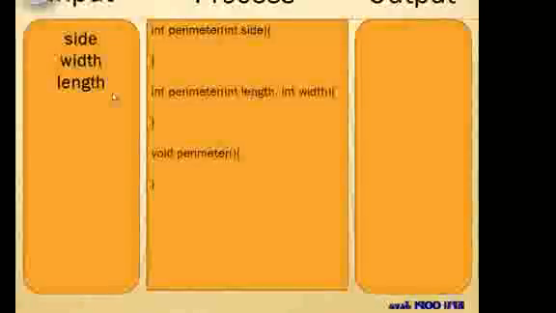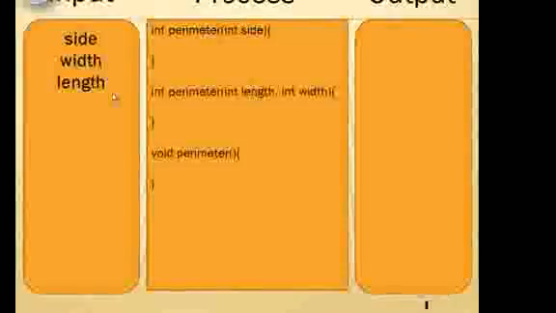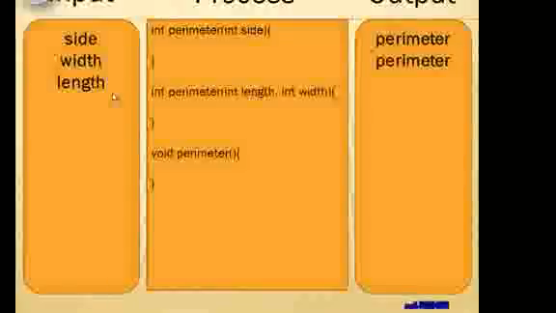Two non-void methods for the perimeter of the square and rectangle, and a third method that is void. Notice that one non-void method has only one argument, while the other has two. Our outputs will be the perimeter of the square, the perimeter of the rectangle, and the definition of the perimeter.